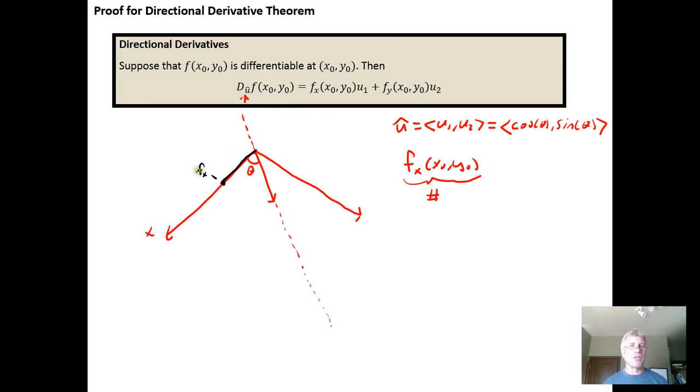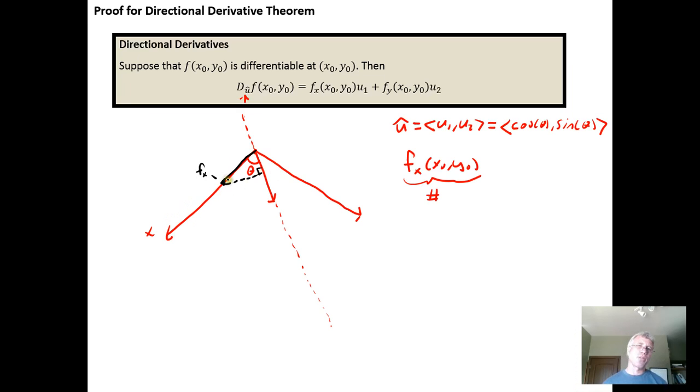So kind of without loss of generality, we'll just look at the case where the partial derivative with respect to x is positive. And so this is just a length. And then this vector is u hat, and here's the line that contains u hat. And let's drop the perpendicular from the partial derivative value with respect to x. Drop that altitude down to this line through u hat.